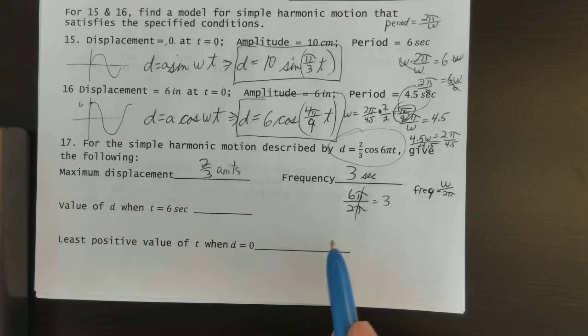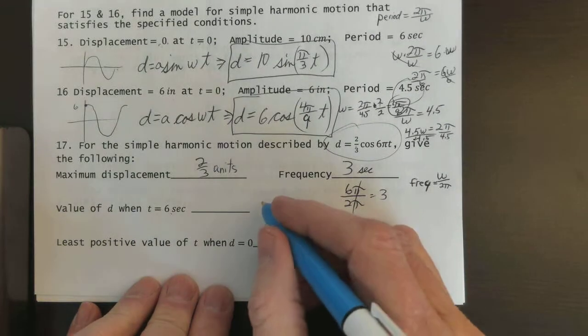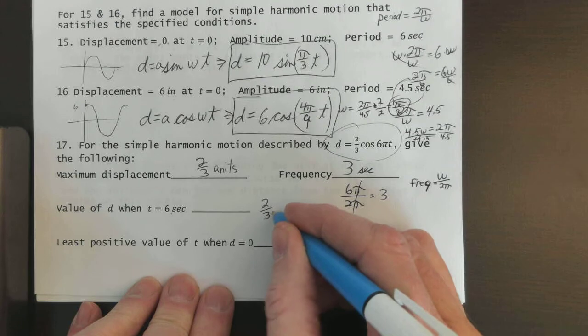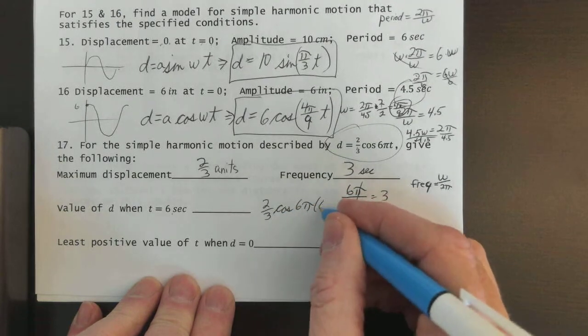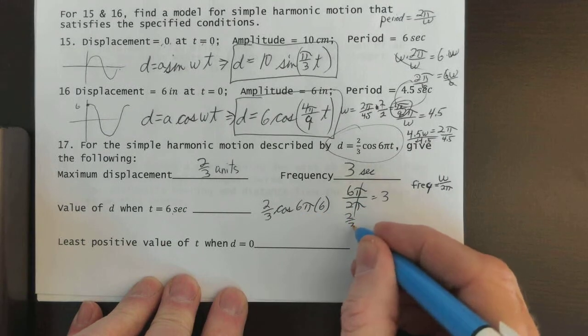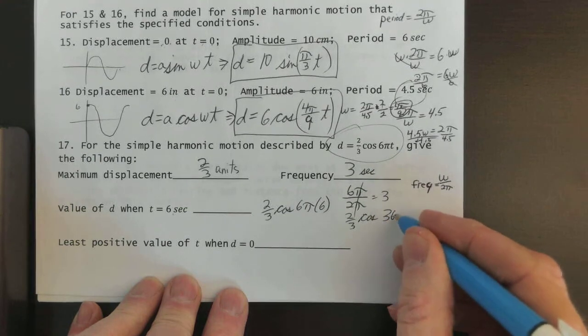So 3 seconds there. What is the value of d when t equals 6? We just take 2/3 times the cosine of 6 pi times 6, which is 2/3 times the cosine of 36 pi.